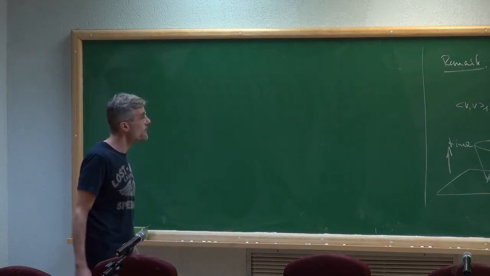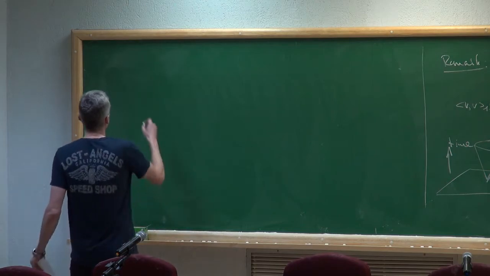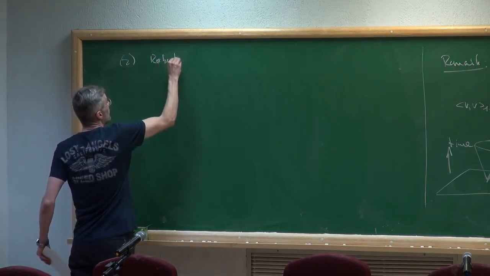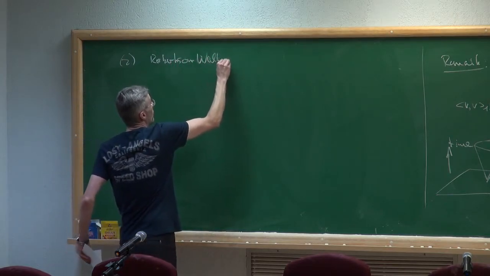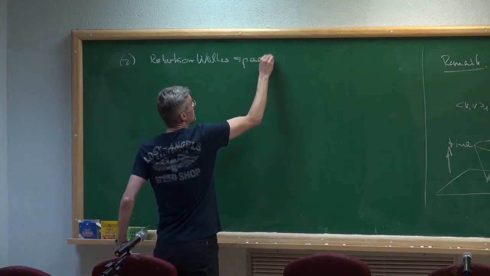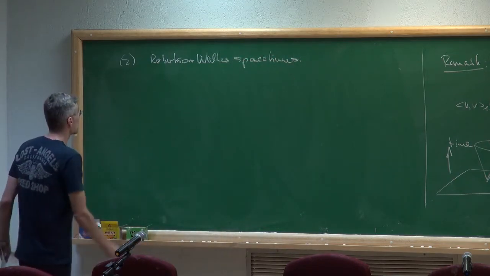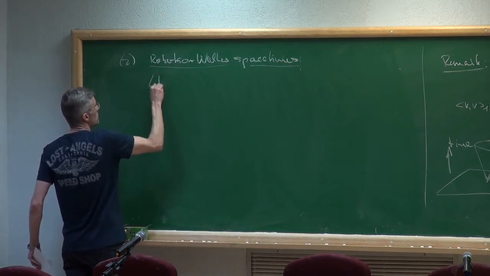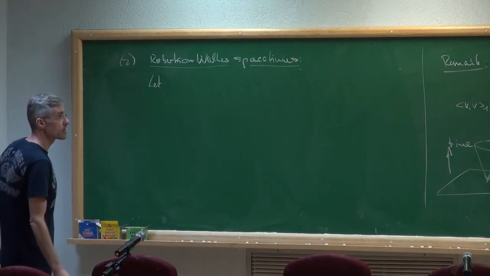So the second example, now maybe more relevant to physics, are the Robertson-Walker spacetimes. What are they? Well, that's maybe one basic recipe of how to construct Lorentzian metrics.